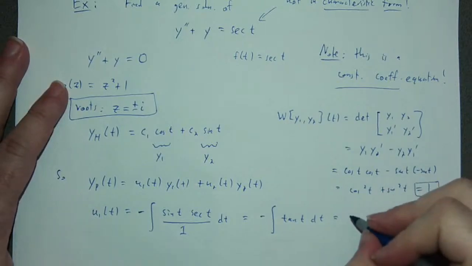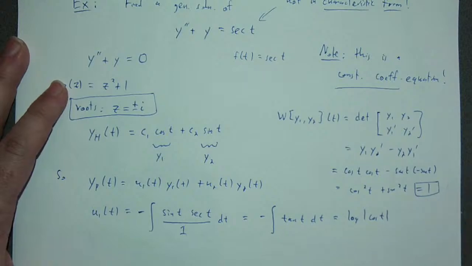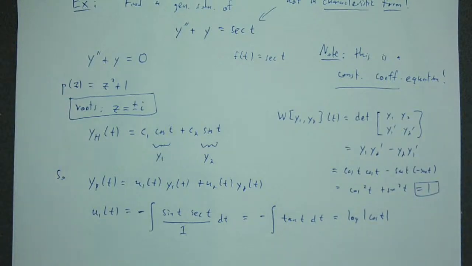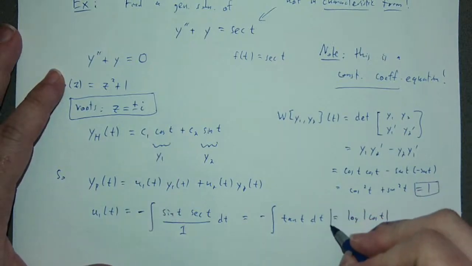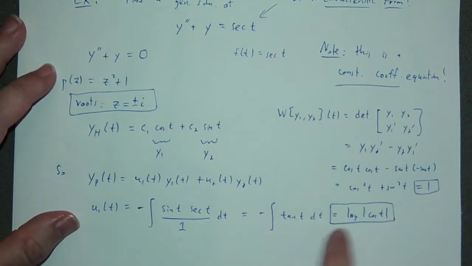This is log of absolute value of cosine t. Okay, technically plus a constant of integration. I'm going to leave that off here, and then I'm going to show how actually you could be more efficient by having the constant of integration here and rewriting this in a slightly different way. This is not a big deal, though. So there it is. Like I said, technically there's a constant of integration that shows up here. Okay, so that's what u1 is.